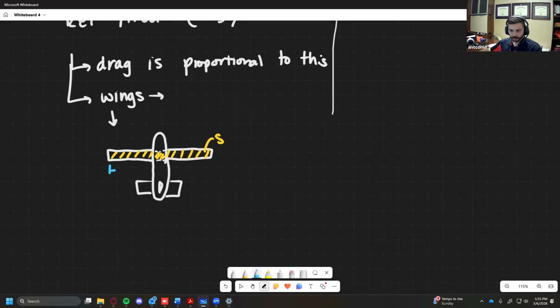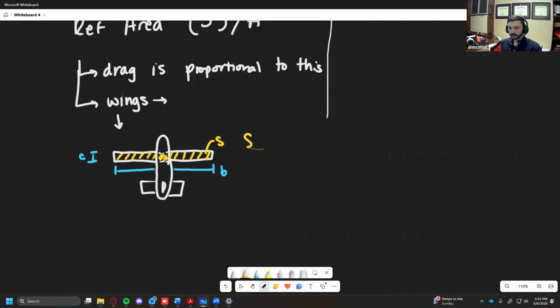But the way that you can define this is you have a wingspan, b, and you have a chord length, c. So very simply, S is equal to b times c, right? So if you make a wing, b times c, that's your reference area.